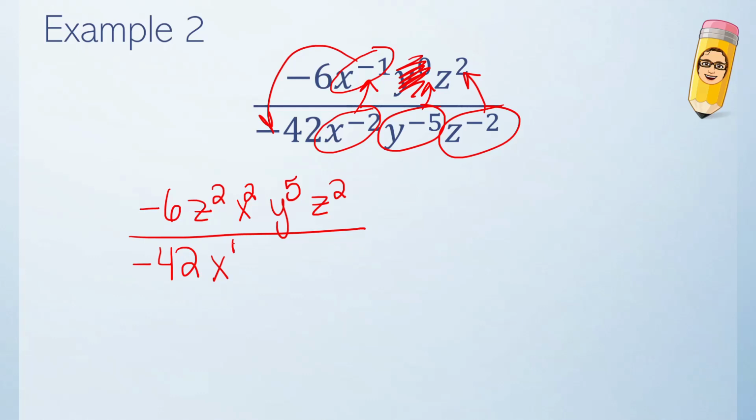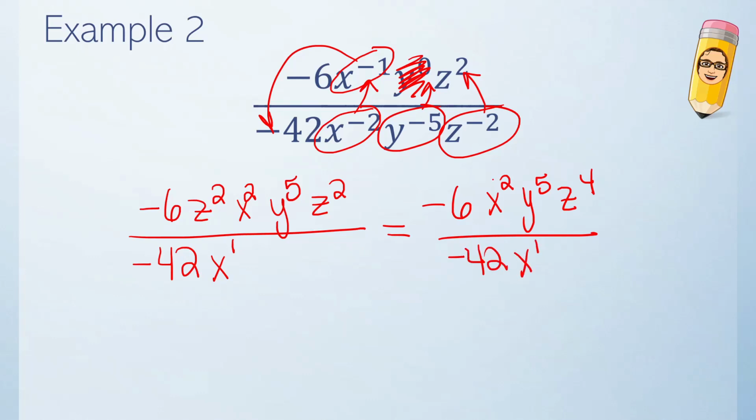But now I need to combine some like terms, right? I do have a z squared and a z squared up in the numerator. So that would be a z to the 4th. I am going to write them in alphabetical order too. And then I do notice I have an x squared over an x, so I'm going to do my quotient rule. That means I'm going to subtract my numbers.